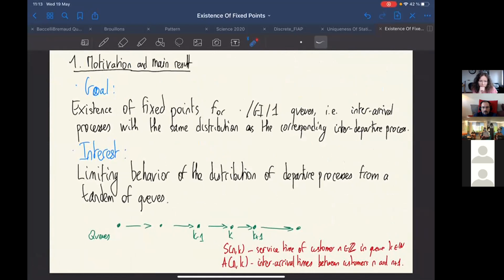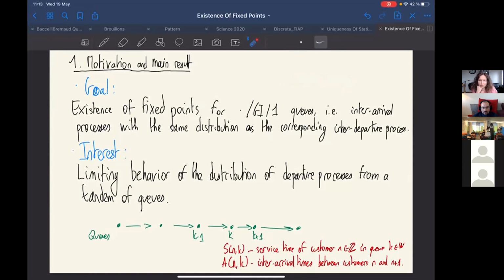Basically, we want to find inter-arrival processes with the same distribution as the inter-departure process they generate through the queue. So the idea is you have a queue, you have a process arriving to it, and there's a process departing from it. We want to see: are there any fixed points, so processes with the same distribution when they arrive and when they depart. The two, of course, are linked.